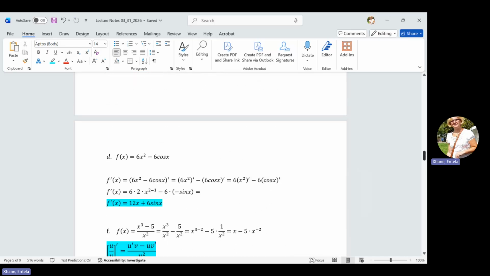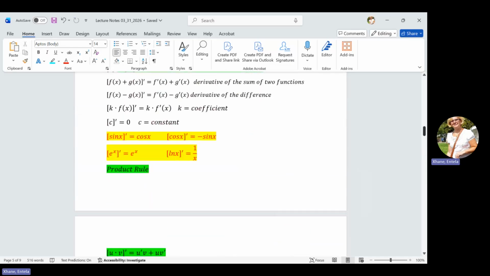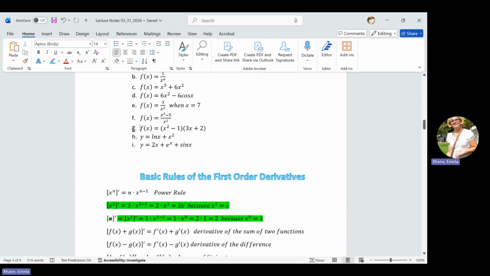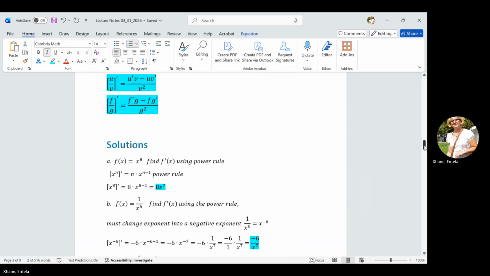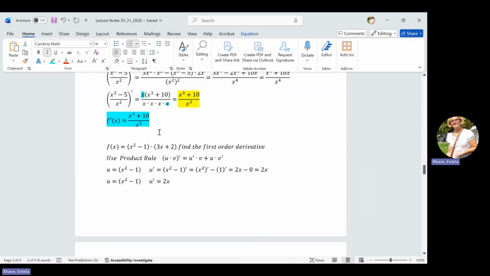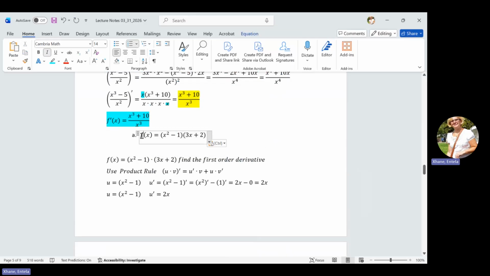Okay, wonderful. Now let's see what's next. From part F to part G. So let's look at this part G. For part G, we are going to use the product rule.